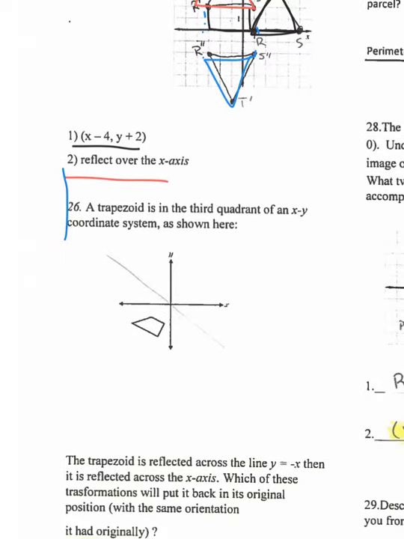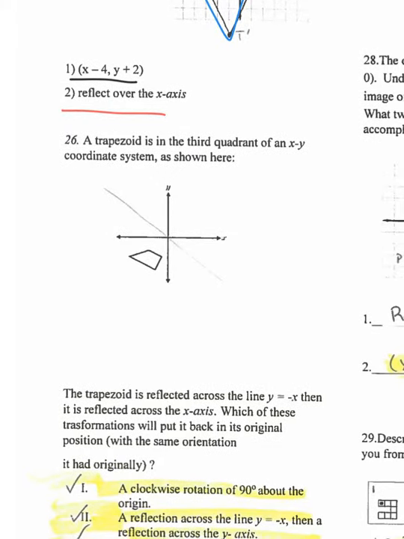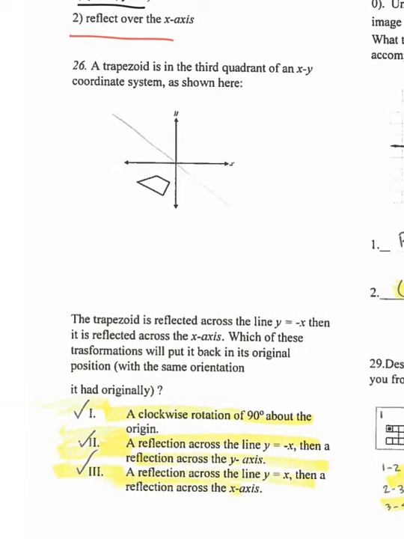Number 26. This one's kind of hard to show you on here without patty paper, but it says a trapezoid is in the third quadrant of the coordinate system. The trapezoid is reflected across the line y equals x, then is reflected over the x-axis. Which of these transformations will put it back in its original position?